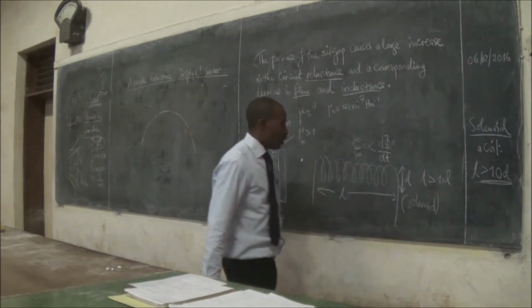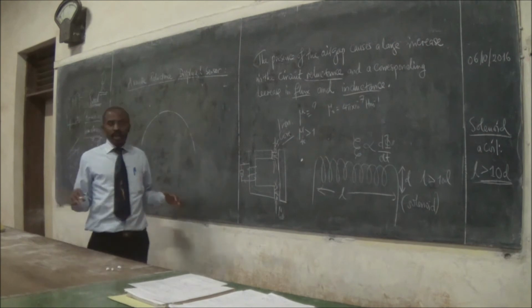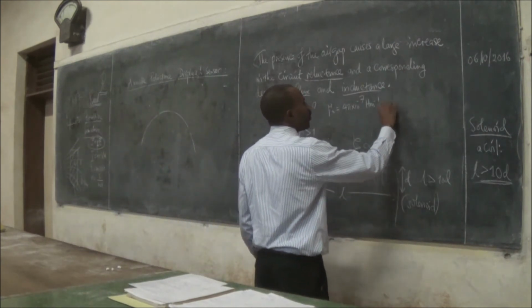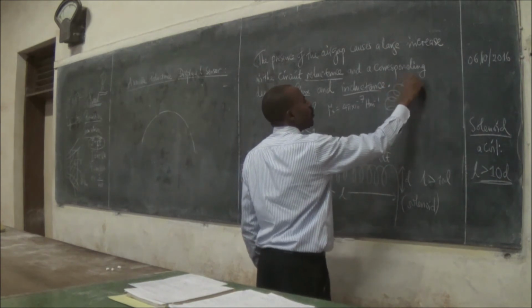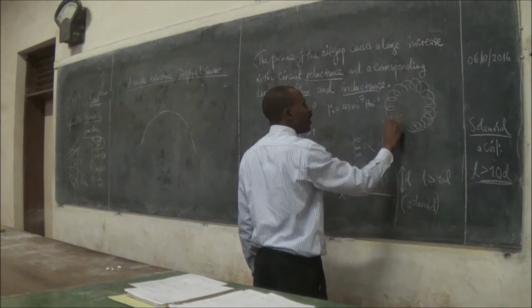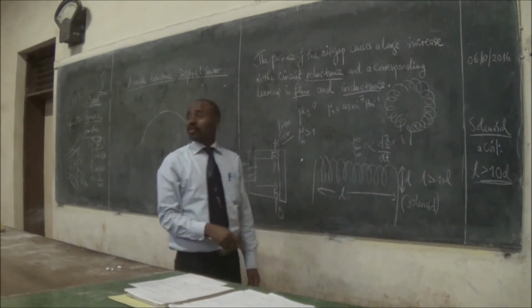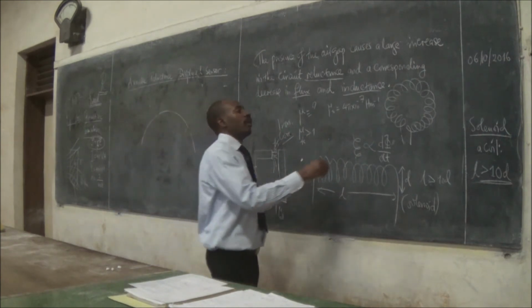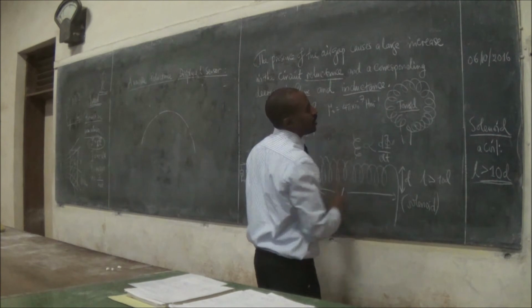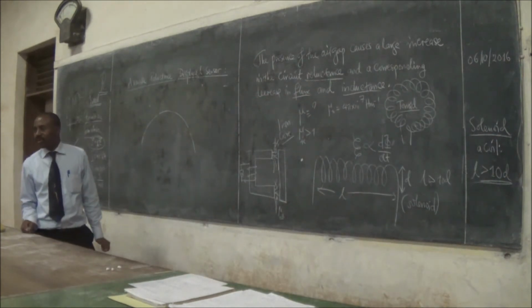If you get a good one that you are able to make it into a coil on its own, and again you make it a coil, then you make what we call a toroid. I'm not sure whether it is double R or single. Is it double or single?